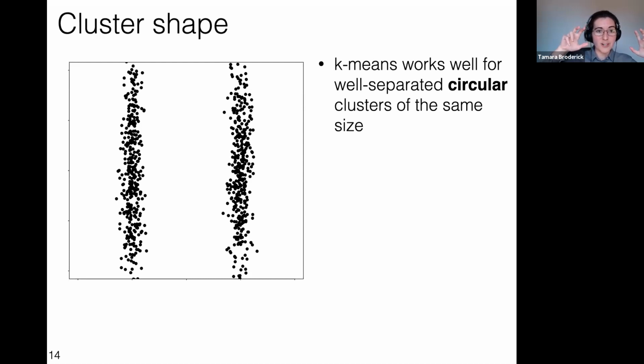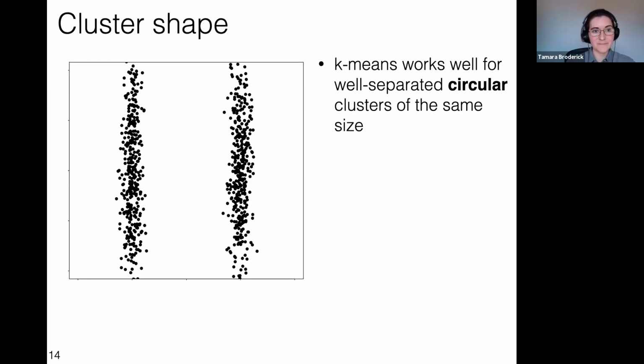Maybe I measure length in feet instead of meters, or maybe I measure weight in kilograms instead of pounds. This is a very easy thing to change without thinking about it. And this is what I would get. These are clusters that would be circular if I had a different scale. But here they don't look circular. They're very spread out because I have a spread out scale.